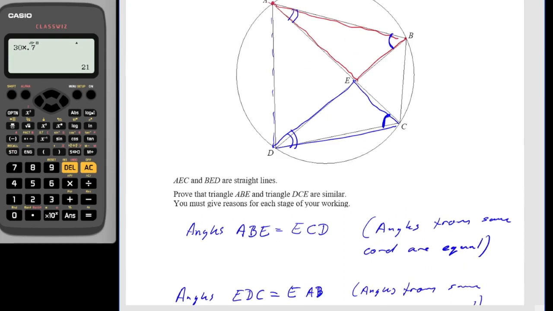And then I'm going to finish that off by saying this angle and this angle are equal.